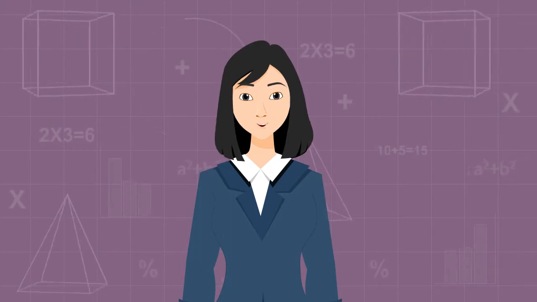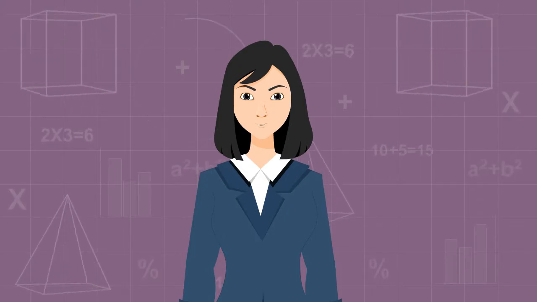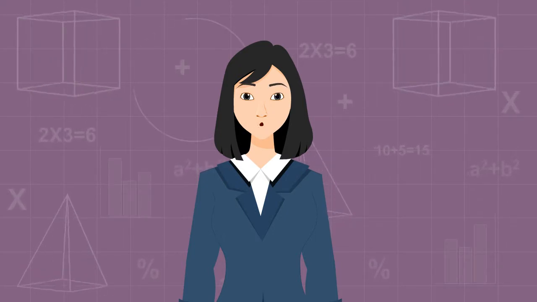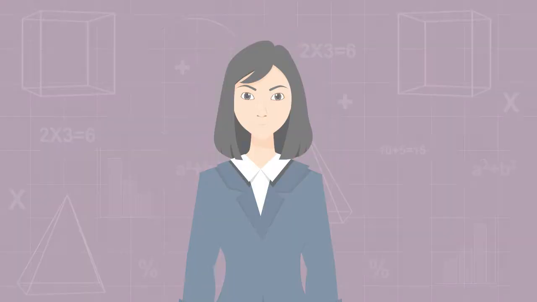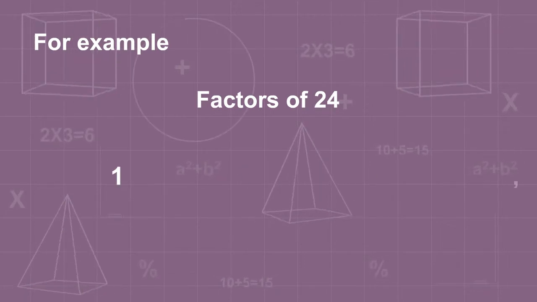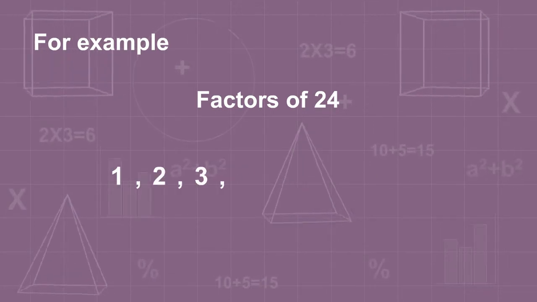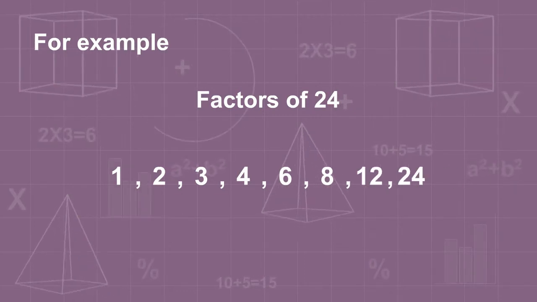It will be very interesting for you to know that any whole number can be expressed as the product of prime factors. This is known as prime factorization. For example, the factors of 24 are 1, 2, 3, 4, 6, 8, 12, 24.